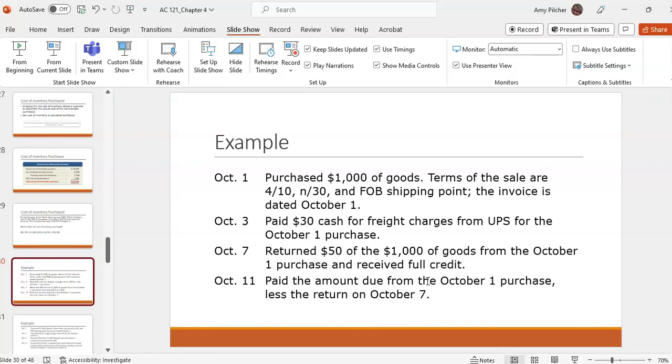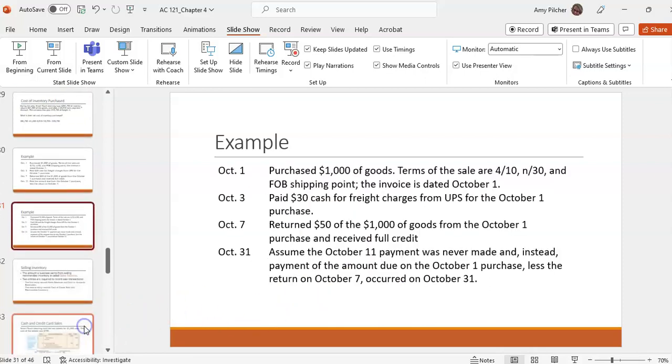So remember, when you're working on these discount transactions, you're making sure that your debits equal credits with all of your transactions. Okay, now let's look at this example.